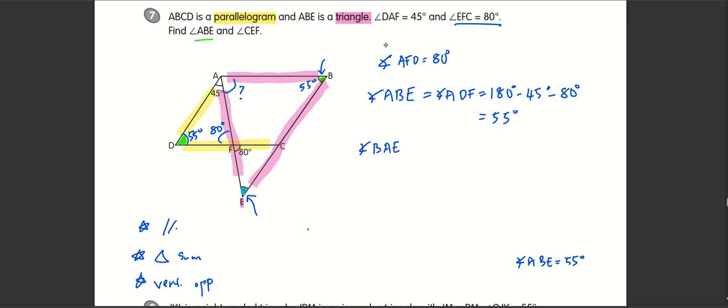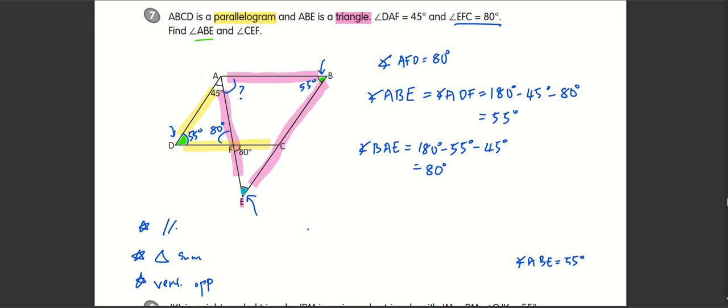That will be 180 degrees minus the 55 degrees, the opposite angle in the parallelogram, and minus the 45 degrees that's here, and that will be 80 degrees, which is like what you calculated previously.